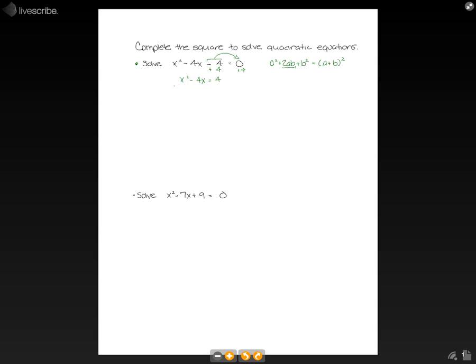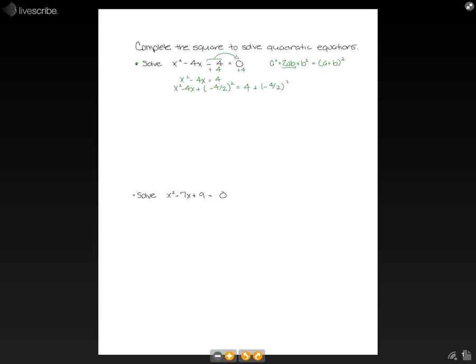In this case, we have x squared minus 4x plus linear term divided by 2 squared, and we add that to both sides, giving us 4 plus negative 4 over 2 squared.